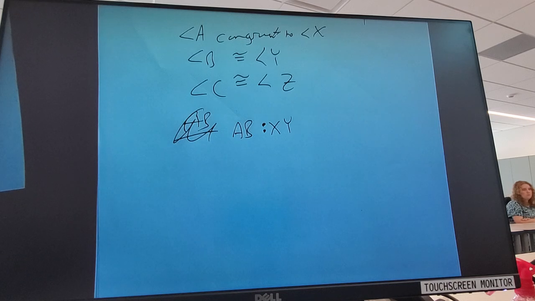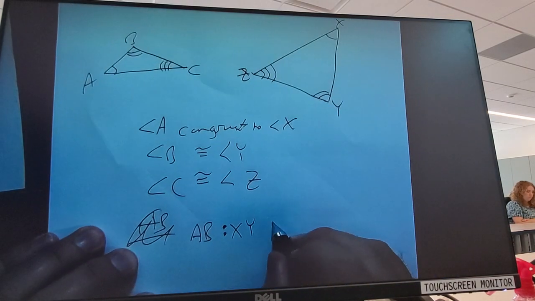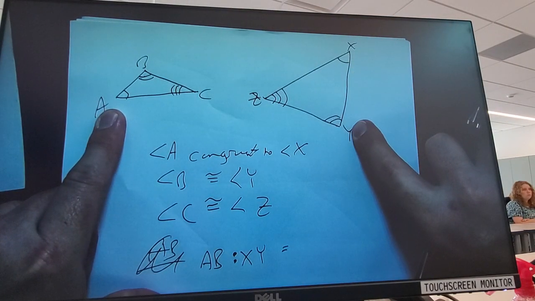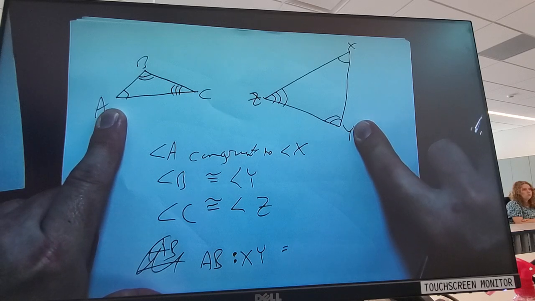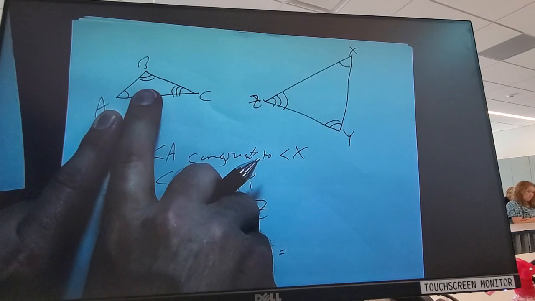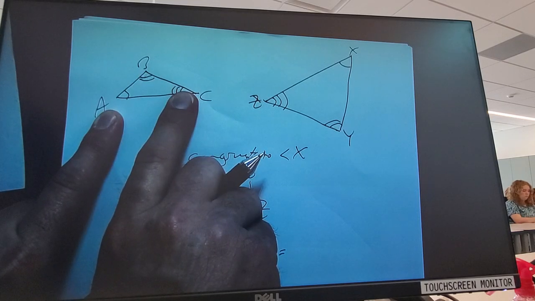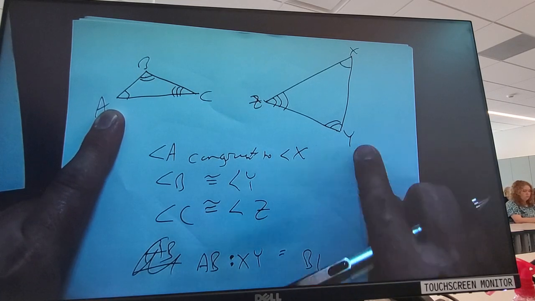AB is to XY as what? Somebody else give me another set. AB is to XY as BC, good, because you start 2, 3, right? BC is to YZ, great.